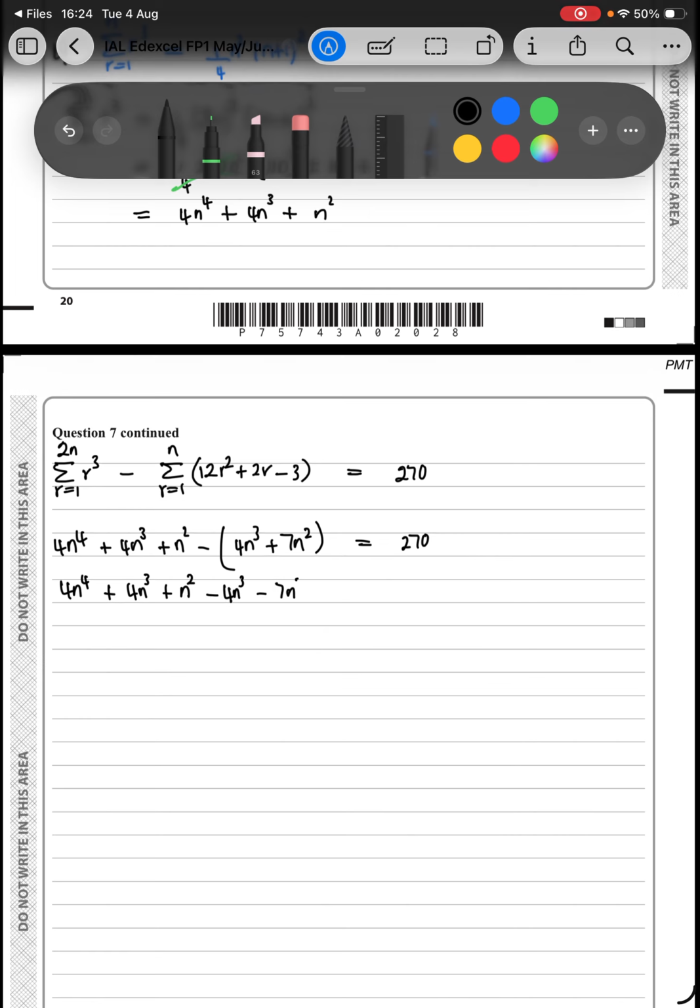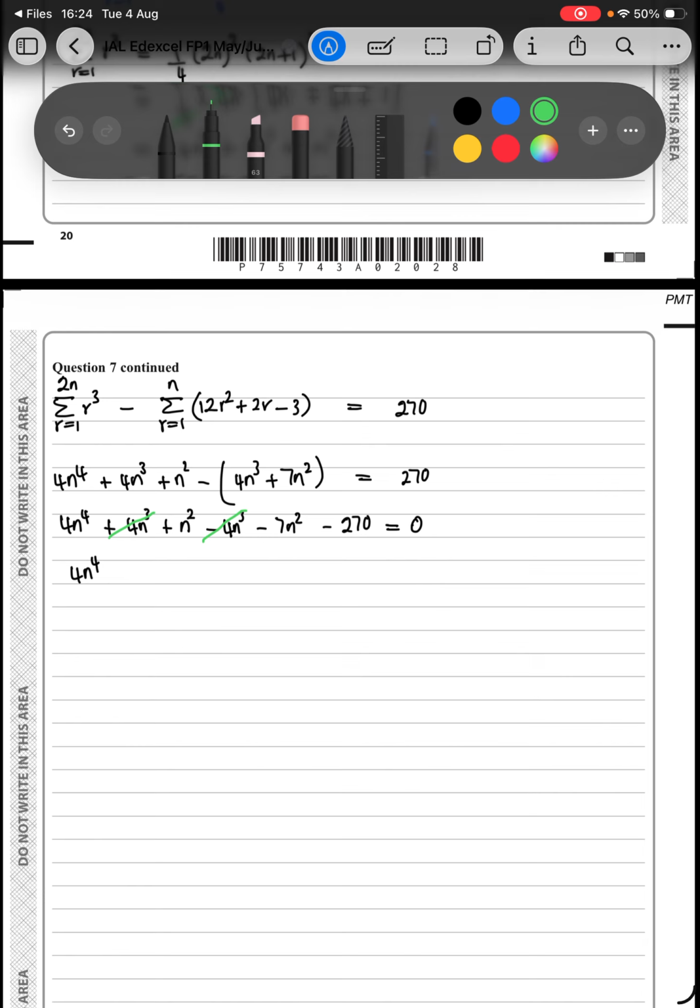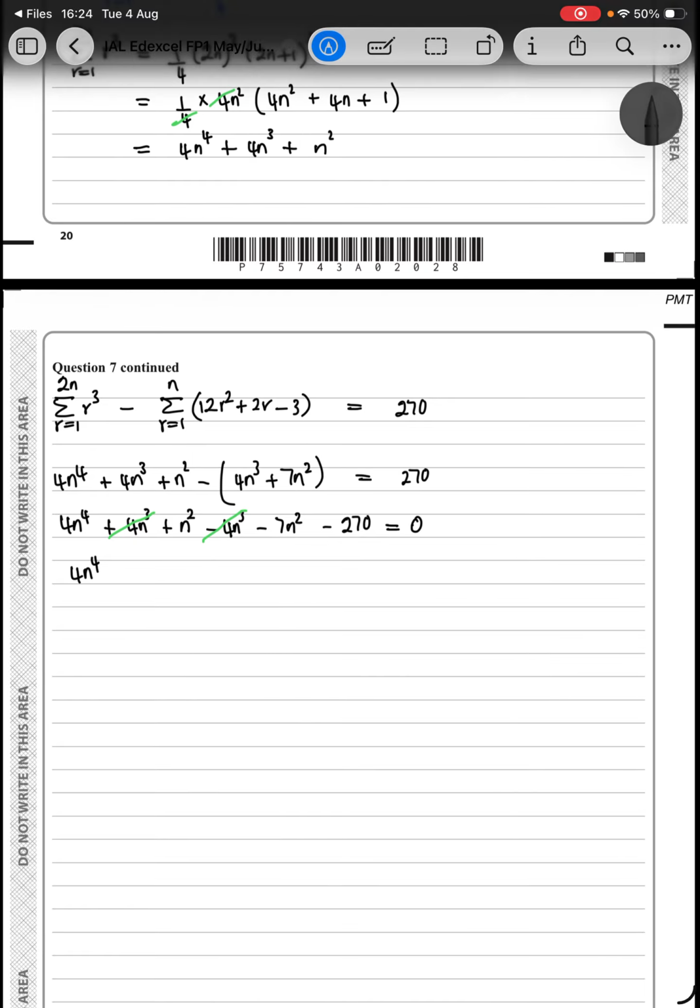When we simplify, we get 4n to the power 4, and we can see that these two 4n cubed terms are going to cancel off, and then we have a plus n squared and a minus 7n squared, which gives us a minus 6n squared. So I'll write that down, and we have minus 270.